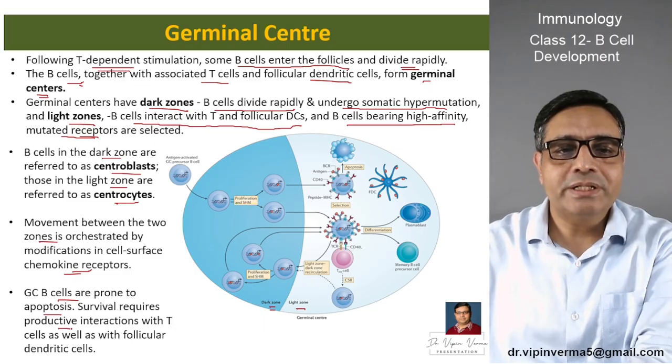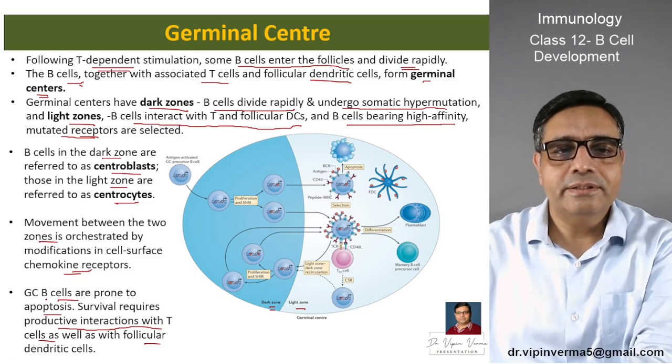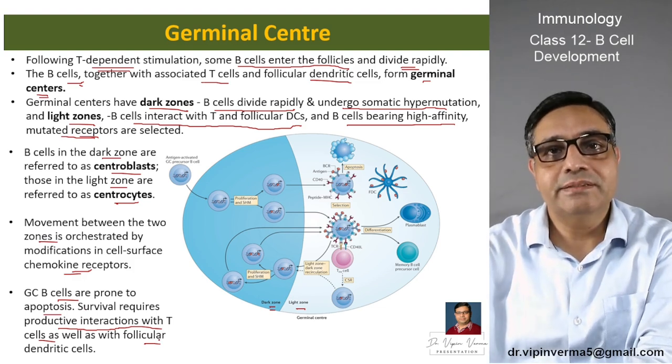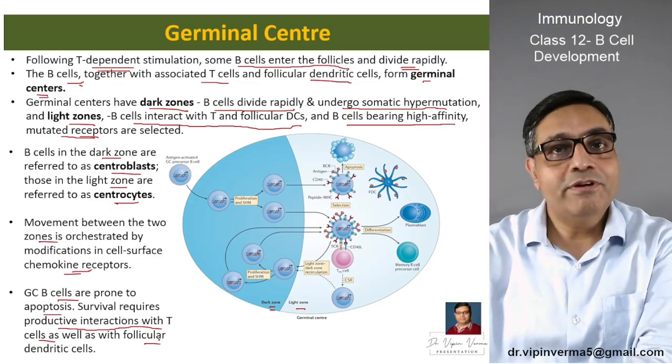Survival requires productive interactions with T cells as well as with the follicular dendritic cells. So as long as the B cells are interacting with the T cells and follicular dendritic cells, they will survive. The rest of the cells will not survive.